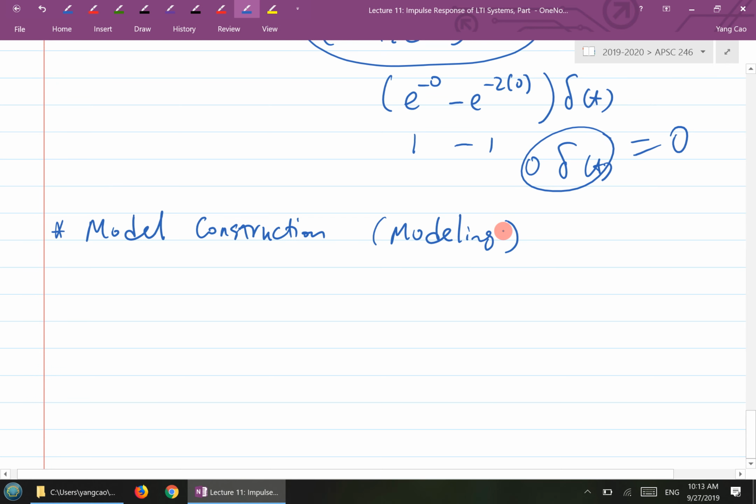There is a huge branch called mathematical modeling, which has different meanings in engineering. Say you model the evolution of a population, that's mathematical modeling. But we are focusing on modeling of physical engineering systems, in particular the mass spring damper system and typical electrical RLC circuits. That's what we call modeling.